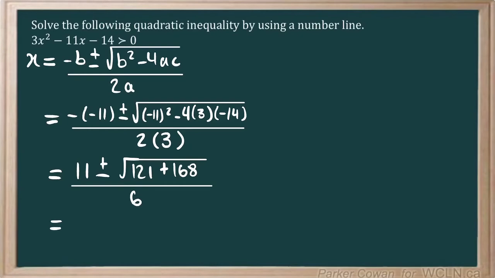Continuing on here, we'll have 11 plus or minus root 289, and if we add those together, that ends up being 17 over 6. And so this is going to give us two answers, right? We're going to have 14 over 3, and we're going to have negative 1.